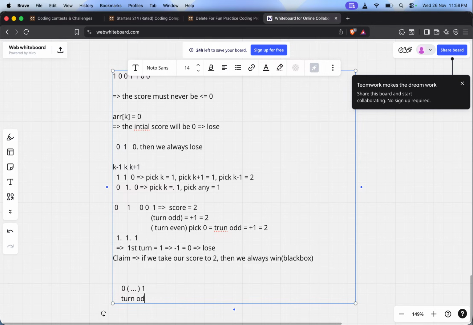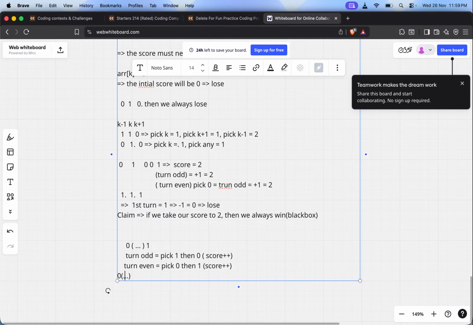Alright, pick 1, then 0, score plus plus. What if both zeros? If the other scenario was that the turn was even, pick 0, then 1. So score plus plus again. Alright, because when we picked 0, it needed to be subtracted, score remained same. Then we picked 1, score plus plus.